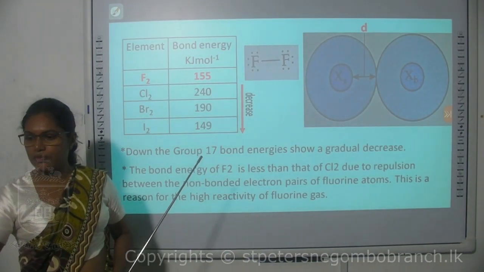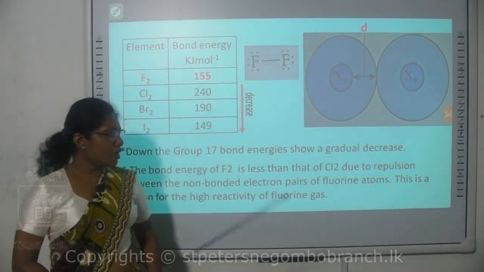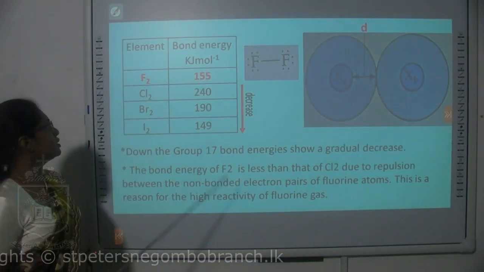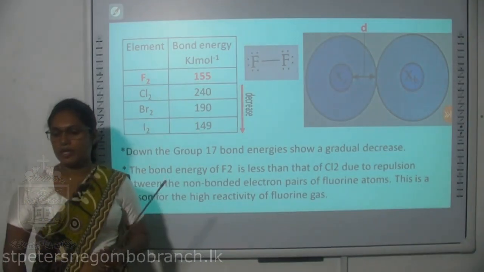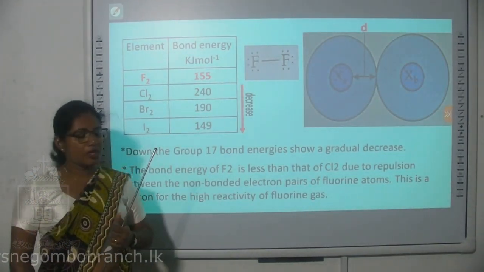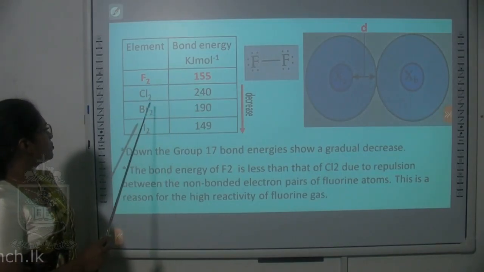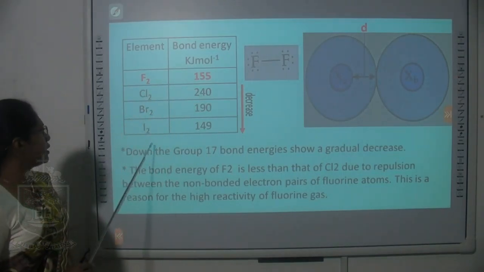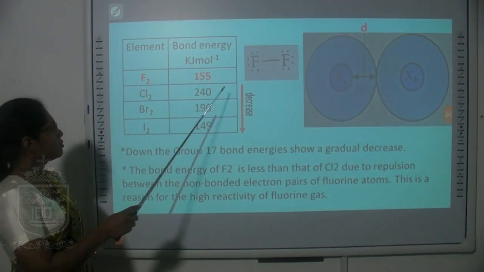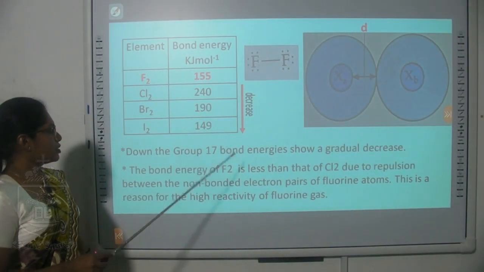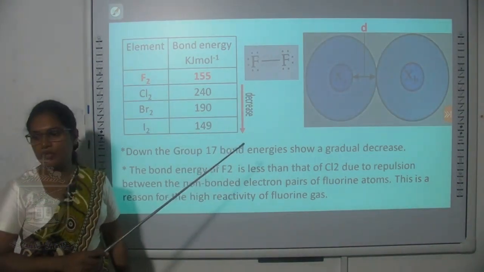Now we are going to focus on the bond energy of these elements. If we see the bond energy from chlorine to iodine, we can see the bond energy decreases. What is the reason for that?